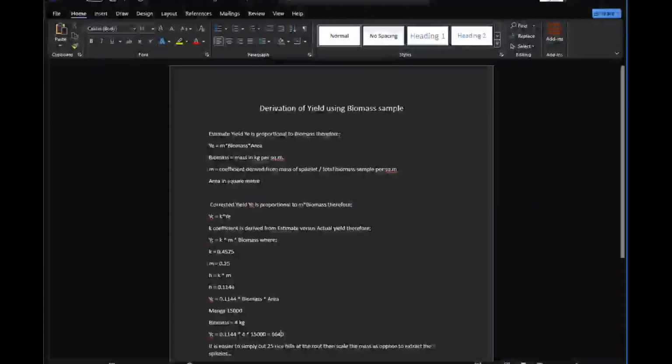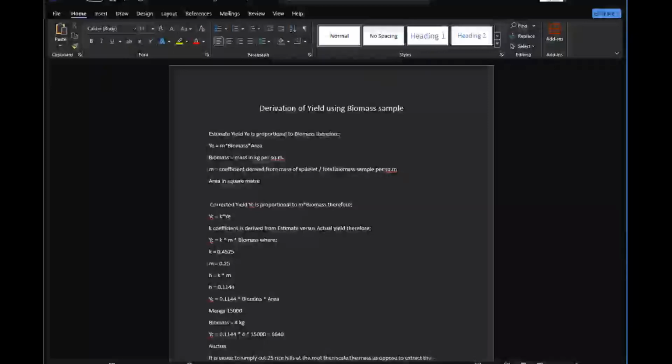Actual was 78 kilos. Okay, so it's off by what?